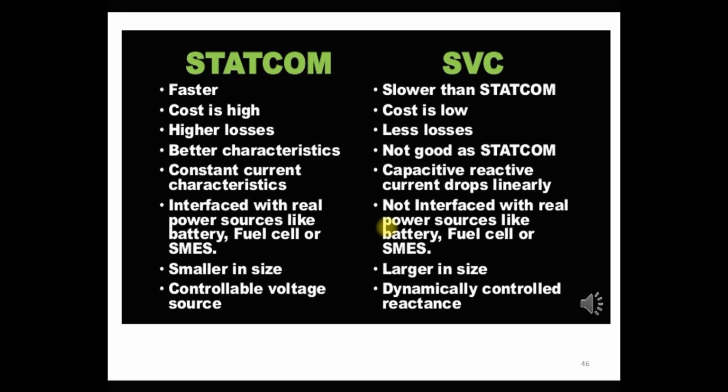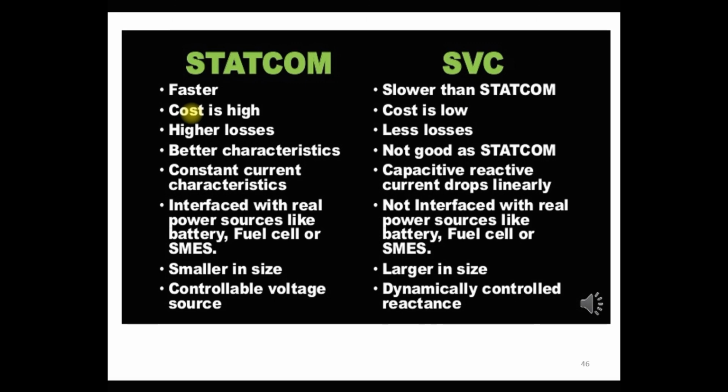So let's recall again the comparison between SVC and STATCOM. As we know, STATCOM has a faster response as compared to SVC. So the SVC is slower than STATCOM. Cost is high. Why is the cost high in the case of the STATCOM? Because we require voltage source converters, and in that we require a number of multi-level converters.